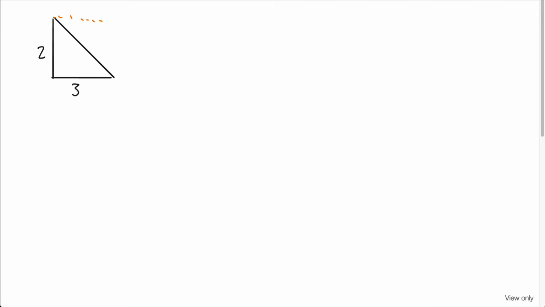So imagine that I make a new rectangle that looks just like the other one, except it's flipped across this diagonal, this hypotenuse. So on the top is 3, on the right side is 2. And we have that this is a right angle, and we have that this is a right angle.